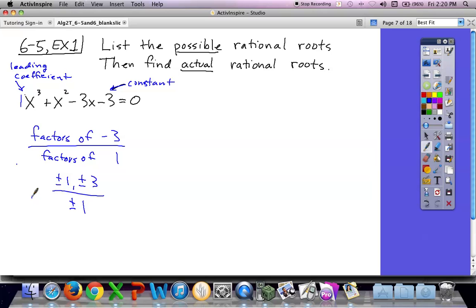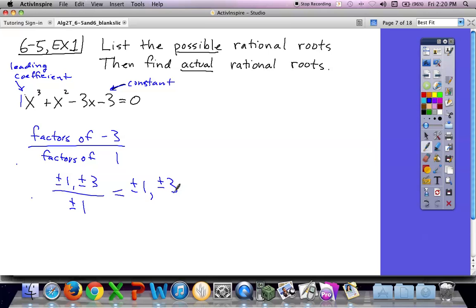And now you need to take all the possible combinations of the factors in the numerator divided by the factors in the denominator. In this case, there's only 2, right? It's either 1 over 1, which is 1, or it's 3 over 1, which is 3. That is a list of the possible rational zeros.